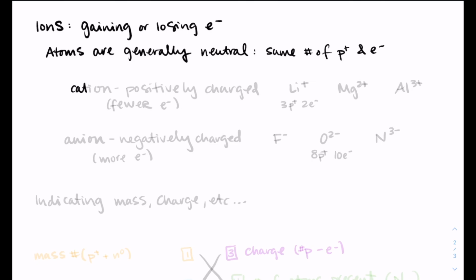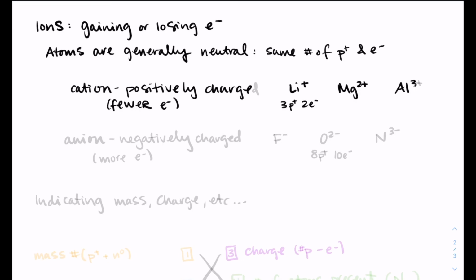When you lose electrons, so if you have fewer electrons than you do protons, the charge is positive overall, and we call this a cation. So an example of this, lithium with a 1 plus charge, this lithium cation, would have 3 protons because it's lithium.